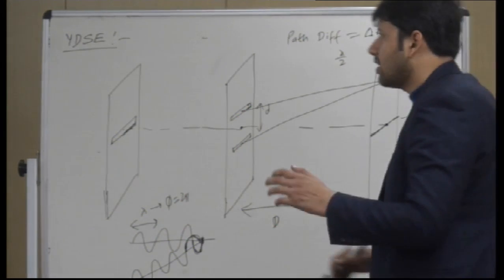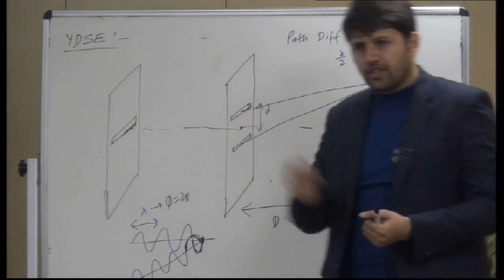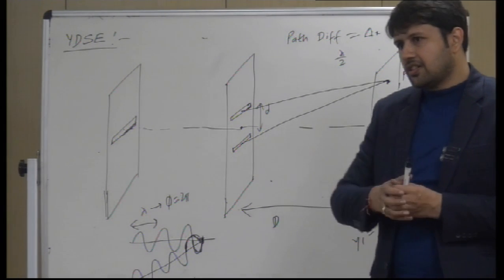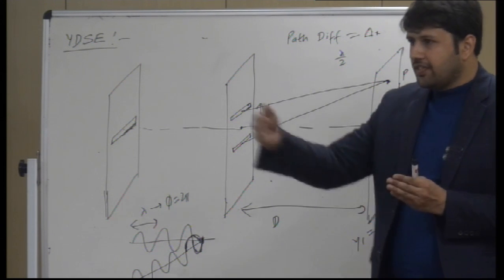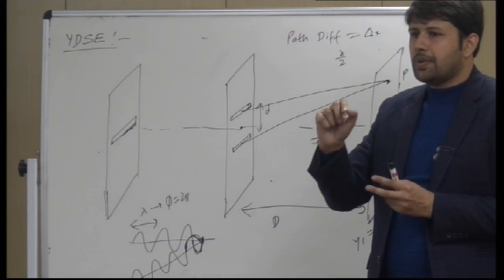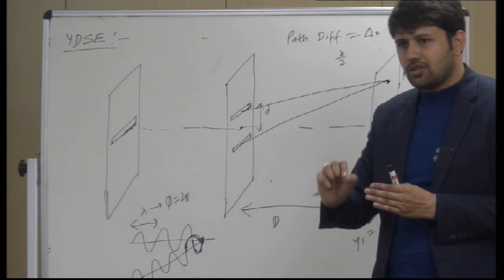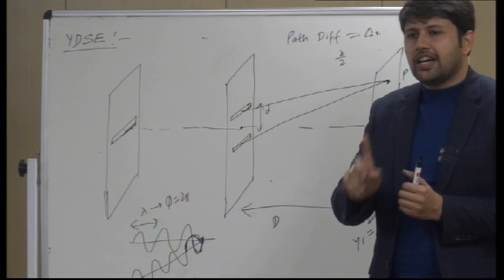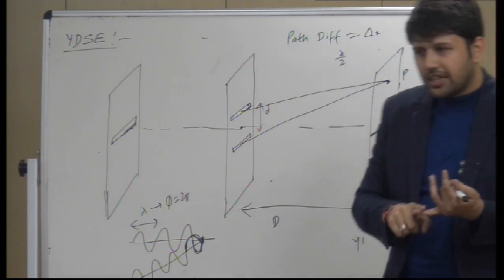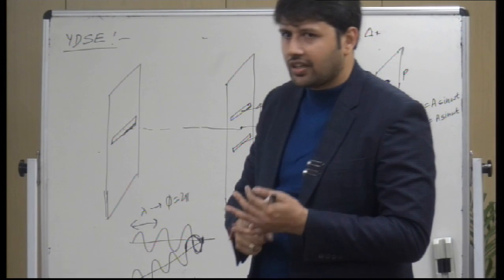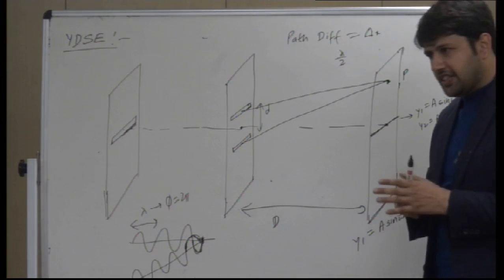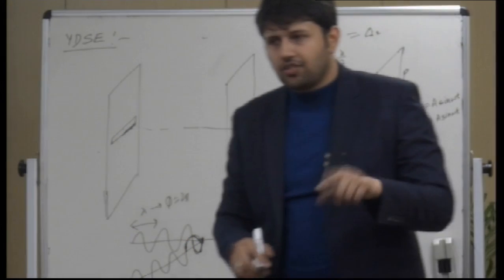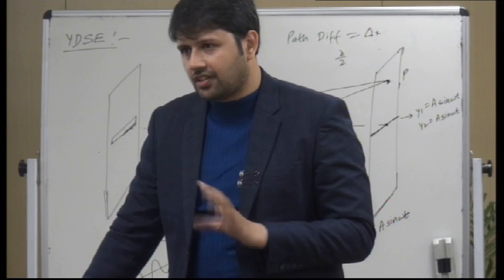If you remember water waves or rope waves, you can create waves by shaking a rope. In one wavelength, what happens? Any particle of the rope goes to the crest, then comes down, goes to the trough, and then comes back. It completes one cycle. One SHM cycle is complete, right? One SHM cycle means 2 pi phase covered. If you remember last year's class, 2 pi phase is covered in one SHM cycle. So whenever one wavelength passes, one cycle of SHM is covered and 2 pi phase is covered, right?